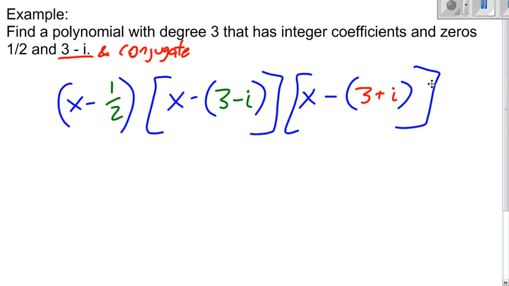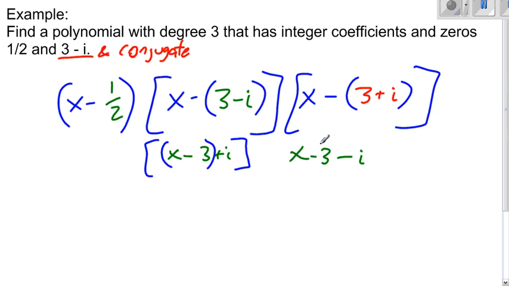So let's start by multiplying our complex numbers together. First, distribute the negatives here, so it'll be x minus 3 plus i and x minus 3 minus i. And a little trick to actually make the multiplying easier is if you think of the x minus 3 together, x minus 3.